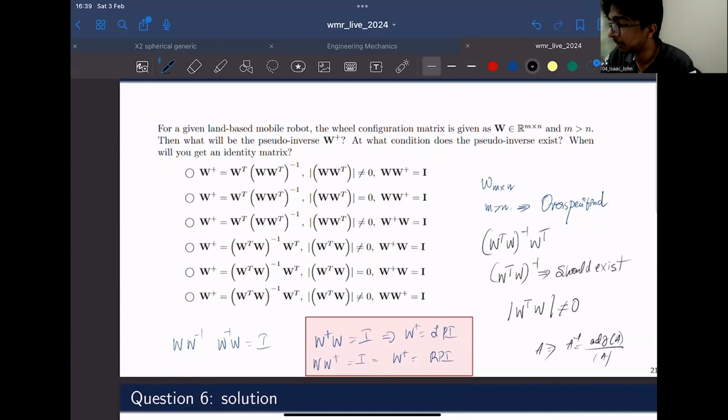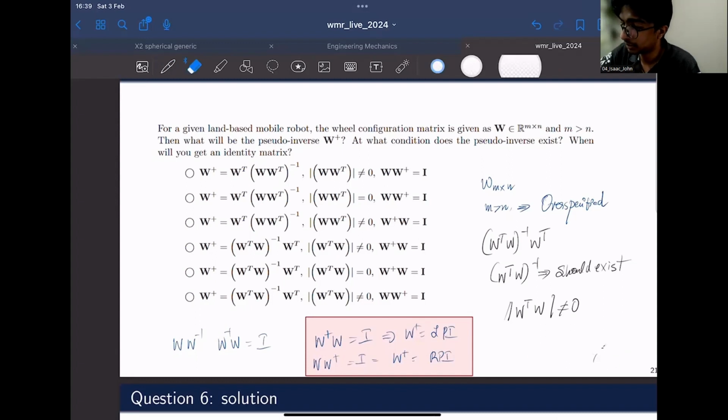Similar reasoning: W transpose W is a square matrix, its inverse will only exist if the determinant of W transpose W is non-zero. So which of the options corresponds to that? I think options 4 and 6 correspond to that. So we can disregard option 5.